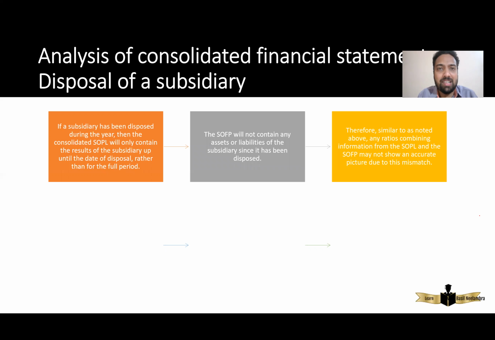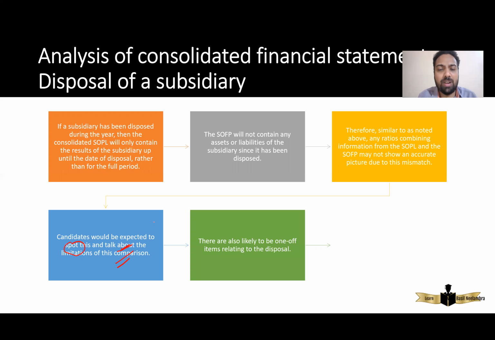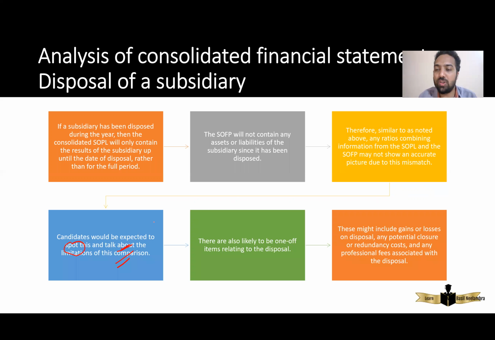So you will have to adjust the comparison, and you will also be asked to talk about the limitations of comparison. There will be a lot of one-off items relating to disposal: there may be a gain or loss on disposal, redundancy costs, and professional fees. All those things you will have to consider. So this is a general thing which I have to tell you.